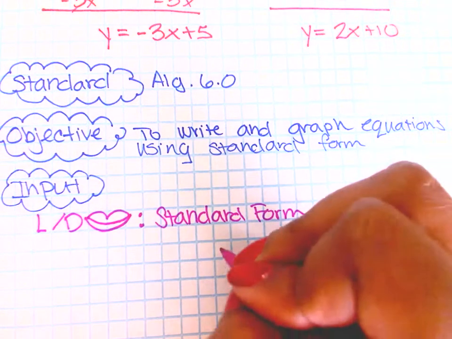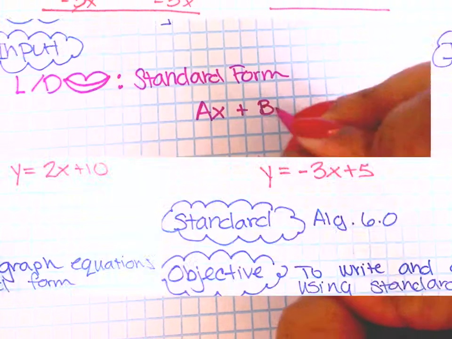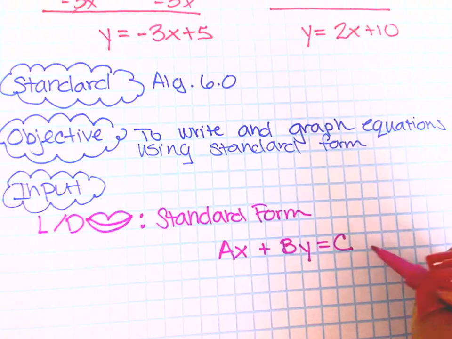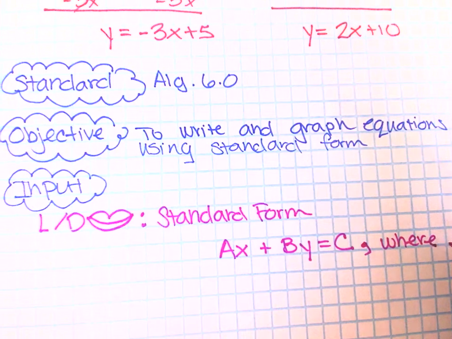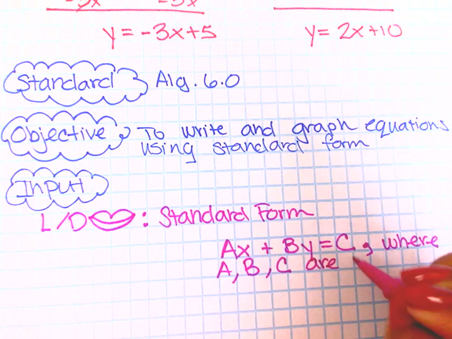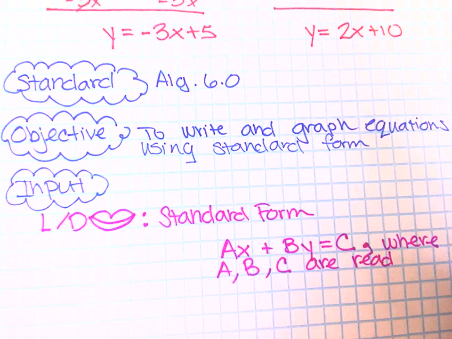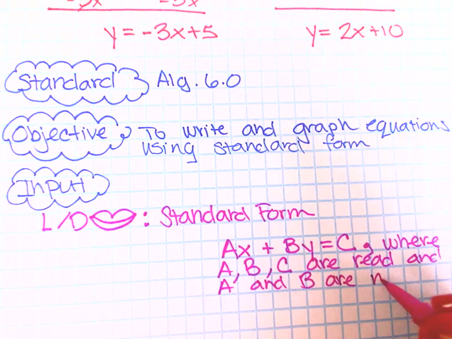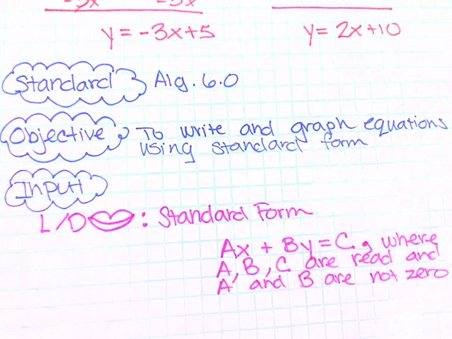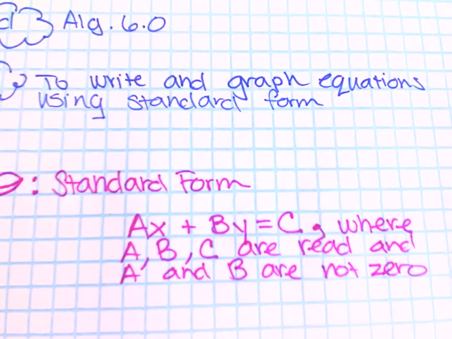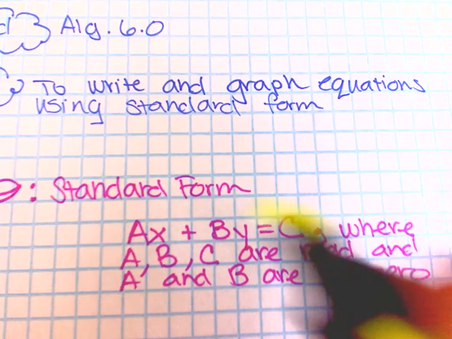And standard form is Ax plus By equals C, where A, B, C are real, and A and B are not 0. And if you want to go ahead and please highlight that formula.